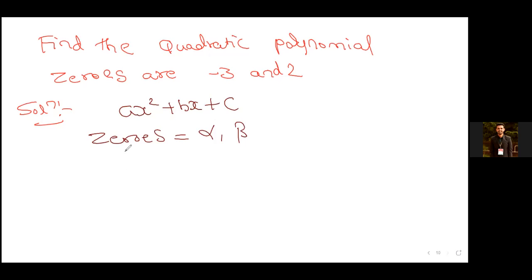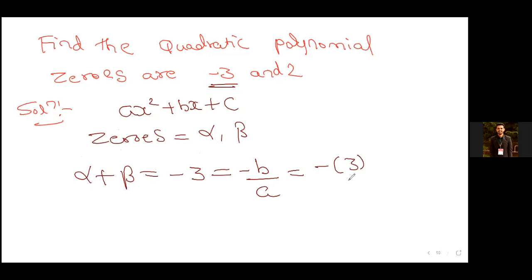We know the relationship: sum of zeros alpha plus beta is minus coefficient of x upon coefficient of x square. So alpha plus beta is given as -3, and that -3 can be written as minus b by a, which is nothing but -3 by 1.